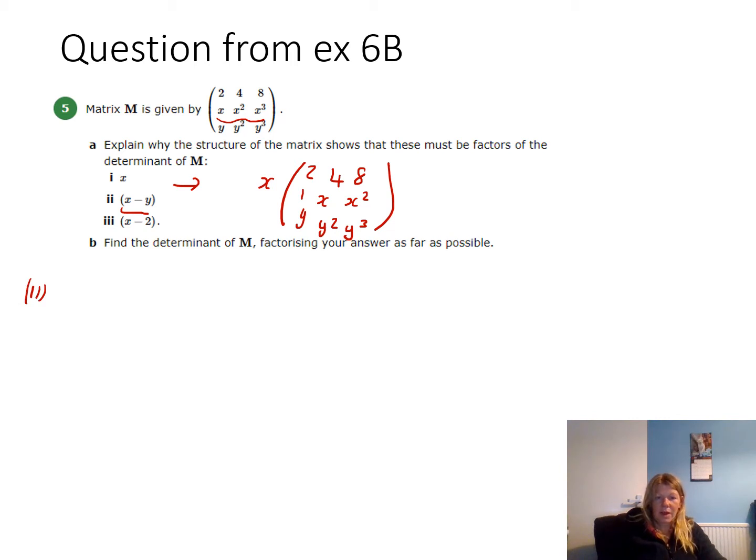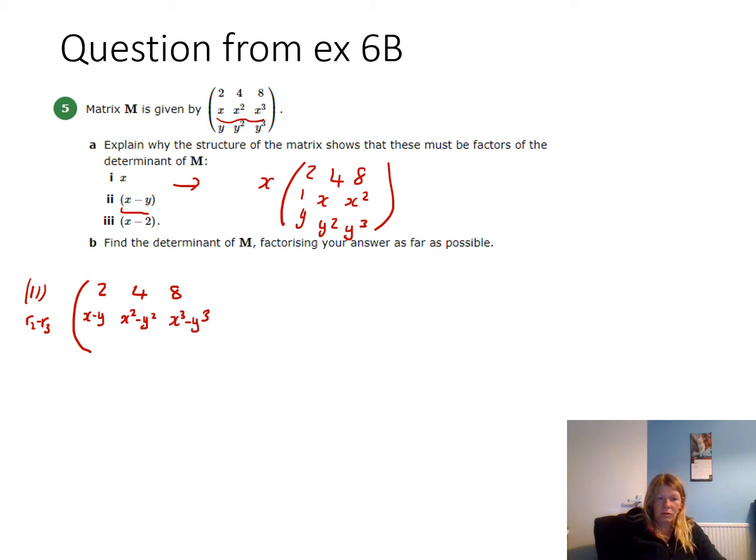Right, this one, II. To see that, what you'll have to do is what we call row 2 take row 3, by the looks of it. So at the top you've just got 2, 4, 8, and here we've got x take y, x squared take y squared, and x cubed take y cubed.